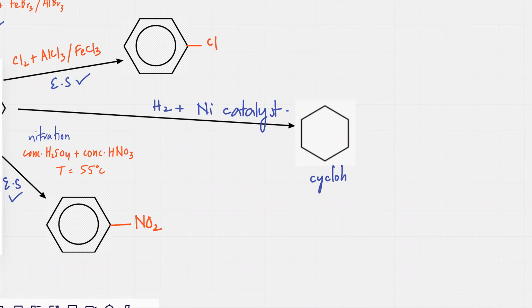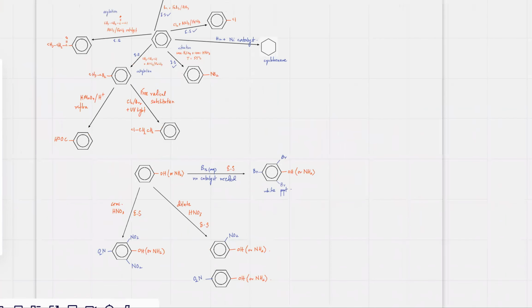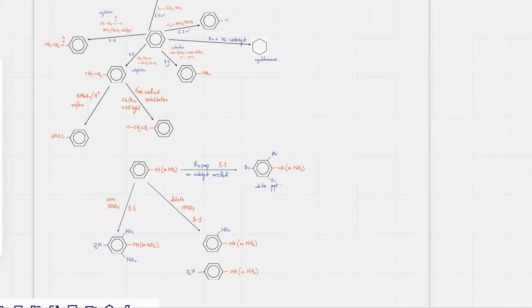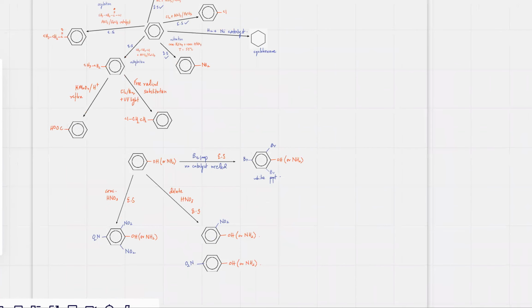So that's most of the electrophilic substitution reactions that you should be aware of. And you should know the mechanisms of electrophilic substitution. The rest that we did was, and I'm going to fill those reactions in over here as well.